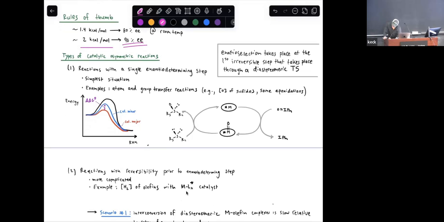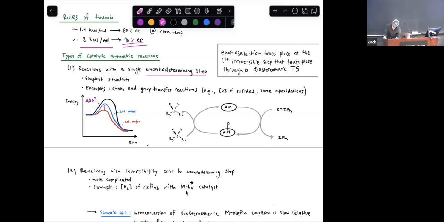Maybe I'll back up and just say, what do we mean when we say enantio-determining step? What we mean there is the enantio selection takes place at the first irreversible step that involves the chiral ligand, that proceeds through a diastereomeric transition state.